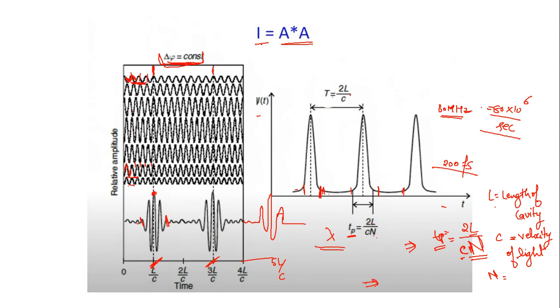So this concludes that if you want a shorter pulse, you should have more longitudinal modes. Got it? So this will be the answer.